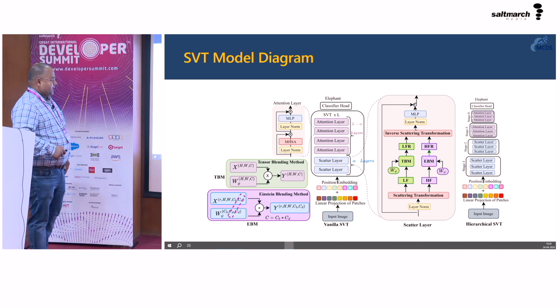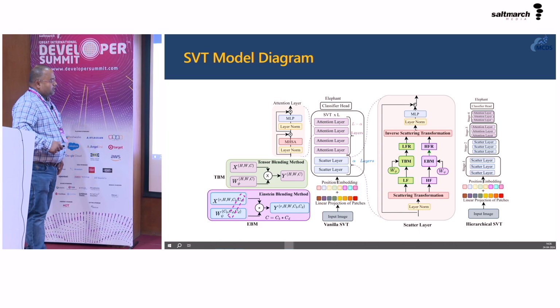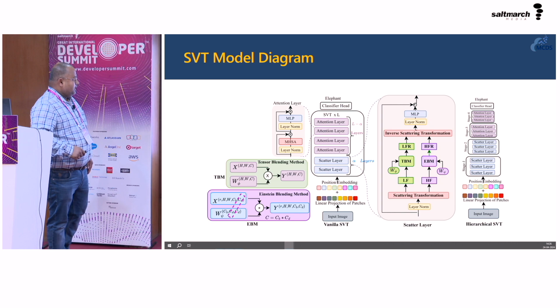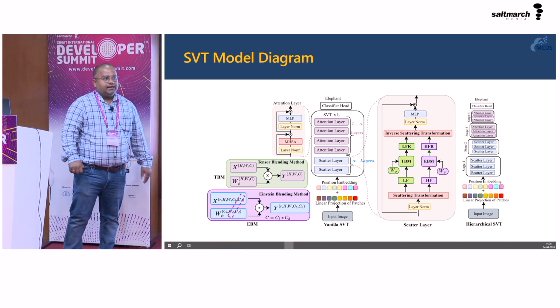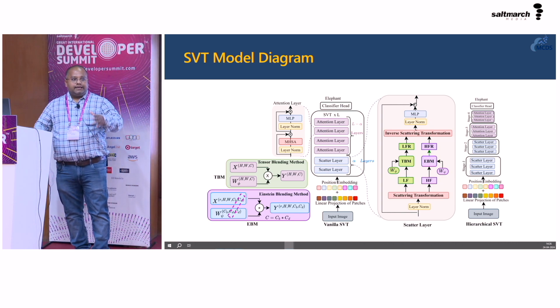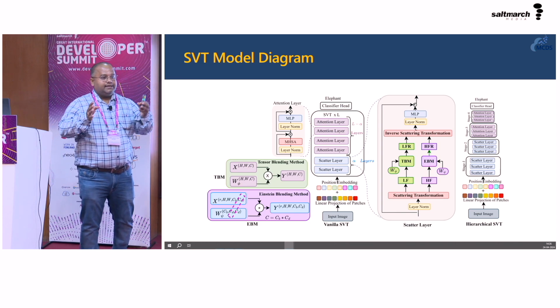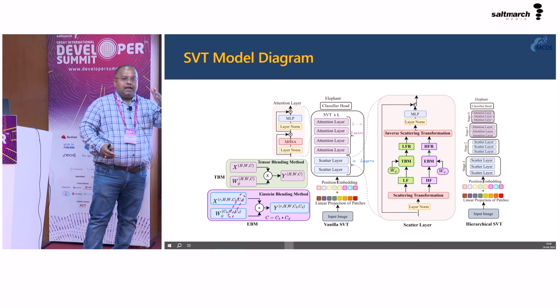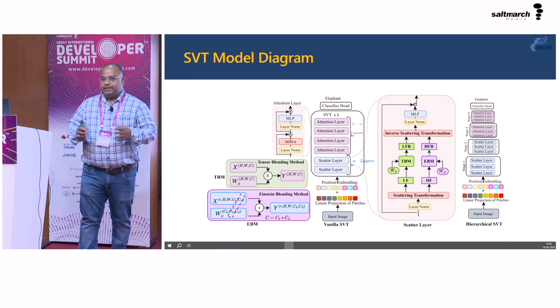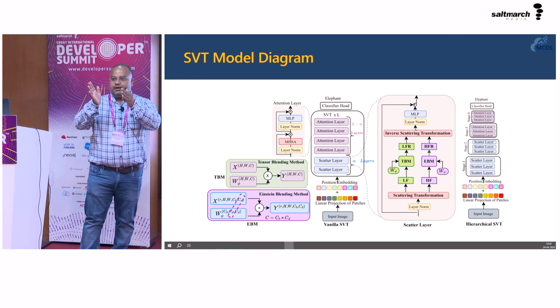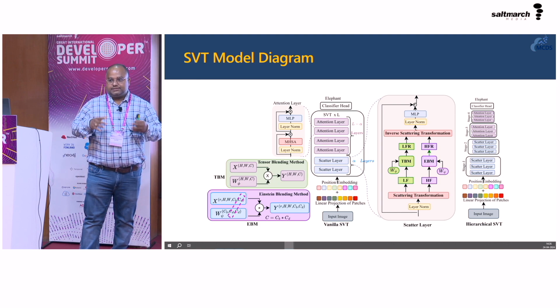In the second contribution, we use the scattering layer in the initial layers and the attention layer in the final layers. Why? Because, as research shows, the initial layers are able to capture lines and edges in images. In any image, the first layer detects lines and edges of a face and the object.